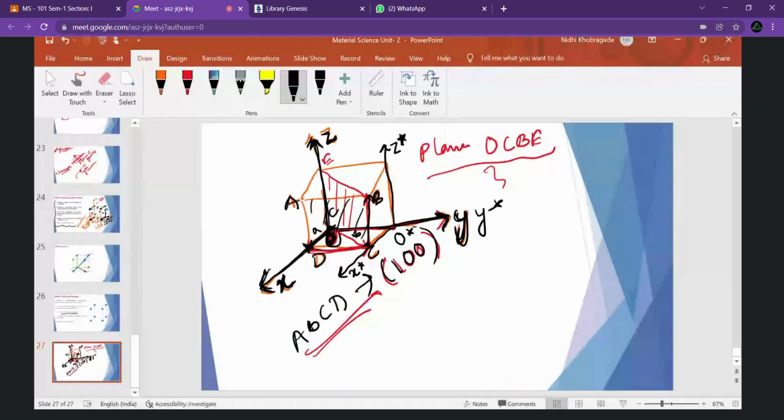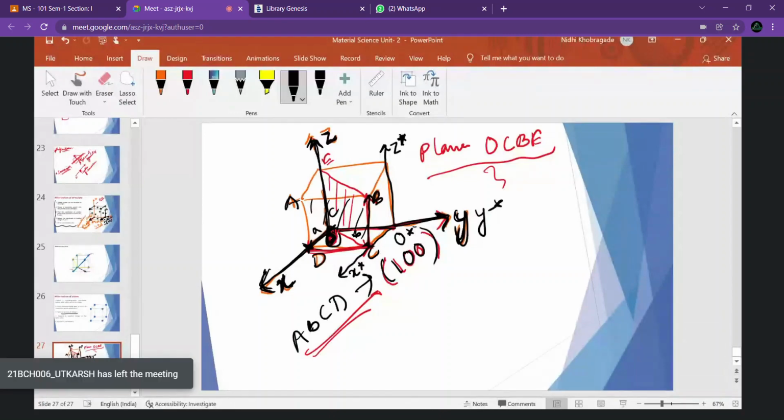So O and O star, the positions of the different origins, are parallel with the different axes, X axis, Y axis or Z axis. Basically we are free to choose the origin anywhere. So we have chosen our origin in this particular position for this plane, that is OCBE.